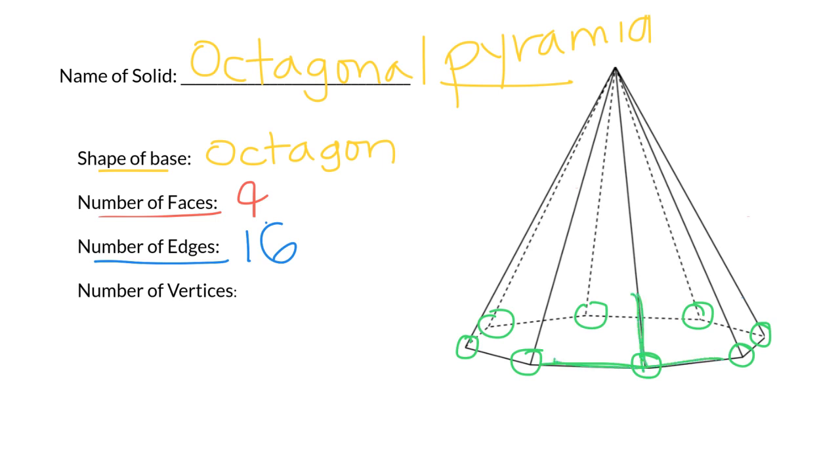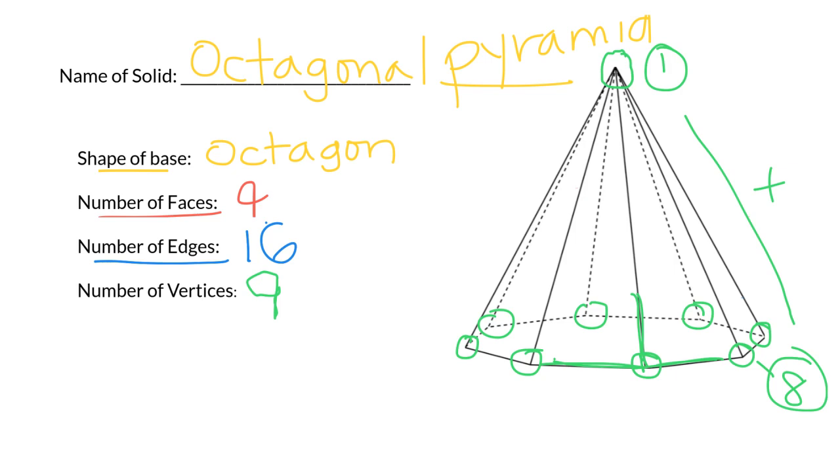So each one of those that I just circled, all 8 of them are vertices. Okay. Lastly, all of our triangular faces come together and they meet at one point, which is up here. This is one vertex. So we are going to add 1 formed up there by the triangular faces meeting to 8. 1 plus 8 is going to give us our total number of vertices, which is 9.